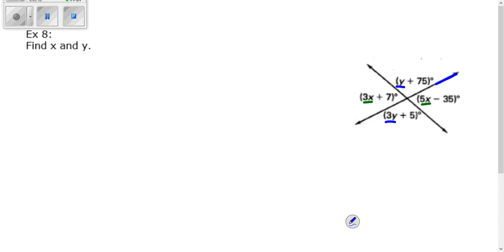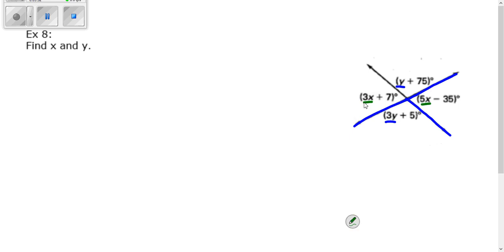So let's look at a couple linear pairs first. So right there is a linear pair. Angle 5x minus 35 and 3y plus 5, those would add up to 180. But because we have an x and a y, we're not going to be able to solve for either one of those. We need to get both of our x's together without any y's in the equation to be able to solve for x, or both of our y's together without any x's to solve for y.